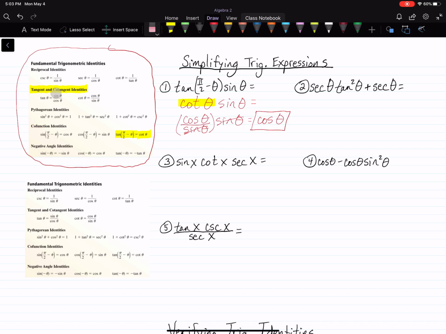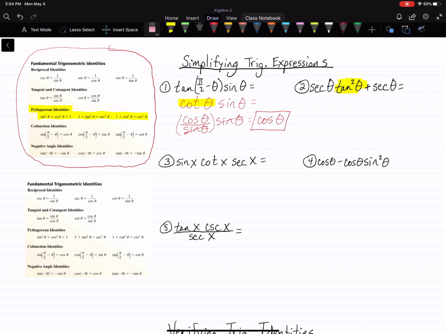All right, I'm going to erase what we've done over here to the left because we're going to highlight some more. Number two, secant theta times tangent squared theta plus secant theta. There's a couple ways to do this. We can change everything to sine and cosine, or you can actually factor here. I am going to go the factor route because every time I see a square, I think Pythagorean identities, because all the Pythagorean identities have squares in them.